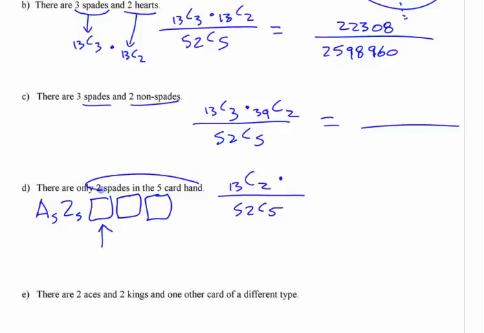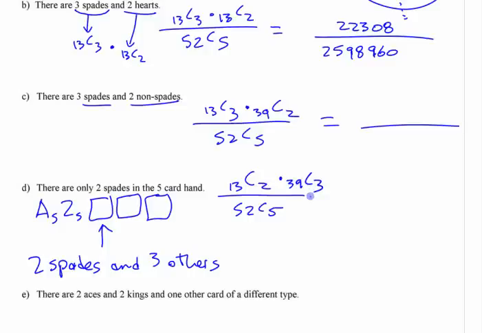This means 2 spades and what? You have to interpret that means 2 spades and 3 others, right? 3 non-spades, 3 other cards. If you're choosing 5 down here, you have to account for all 5 of them up top, right? 39C3, even though it doesn't say 2 spades and 3 other cards.